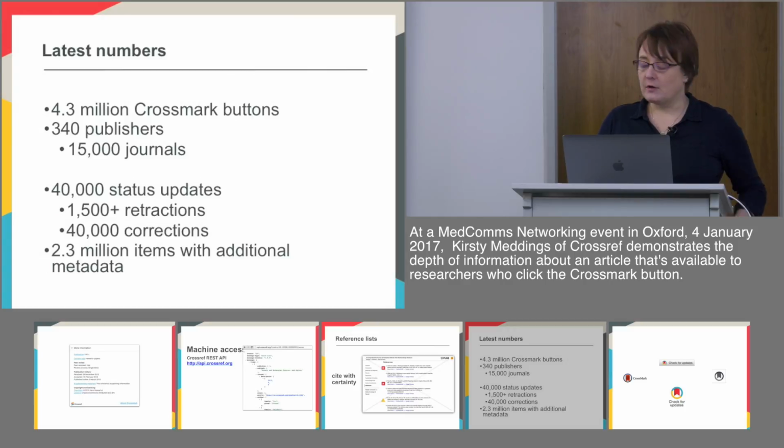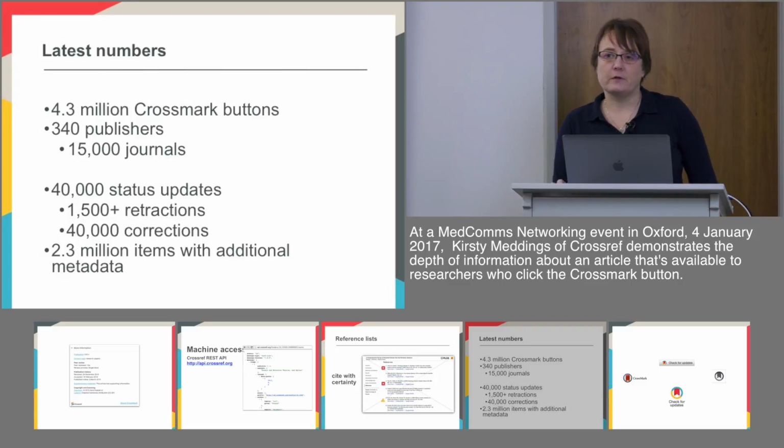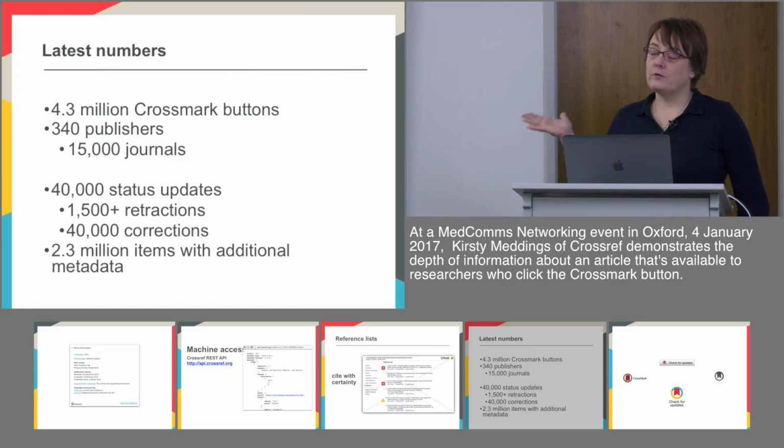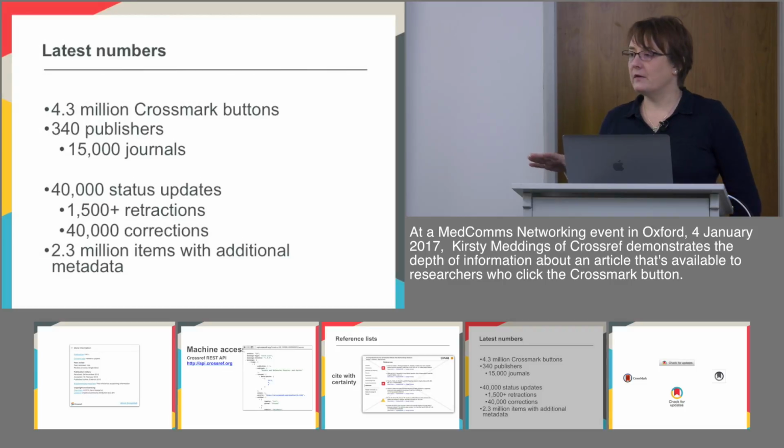In that metadata at the moment, in those Crossmark buttons, we've seen 40,000 status updates, so those significant updates that could affect the interpretation of the work, corrections, errata, and so on and so forth. Just over 1,500 of those are retractions that we've recorded so far, and at the moment most of this Crossmark metadata is for relatively current content, so the last 2, 3, 4 years.